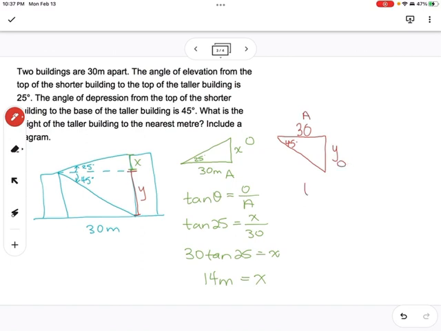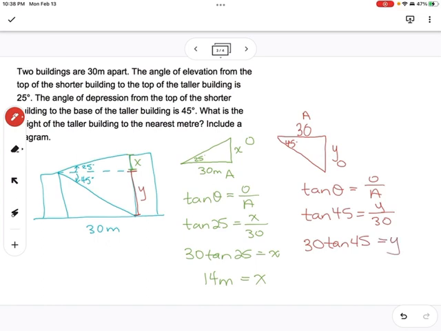Once again, tan theta equals opposite over adjacent. Fill in your values. Our theta, our angle is 45. Opposite we are calling Y, and adjacent is 30. Getting Y by itself, move the divide by 30 to the other side. 30 times tan 45 equals Y.